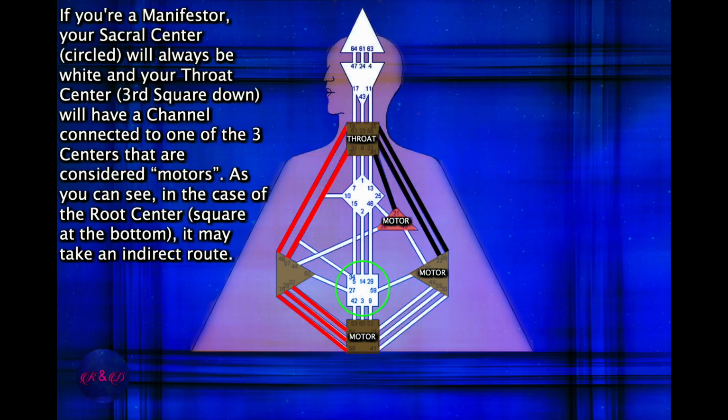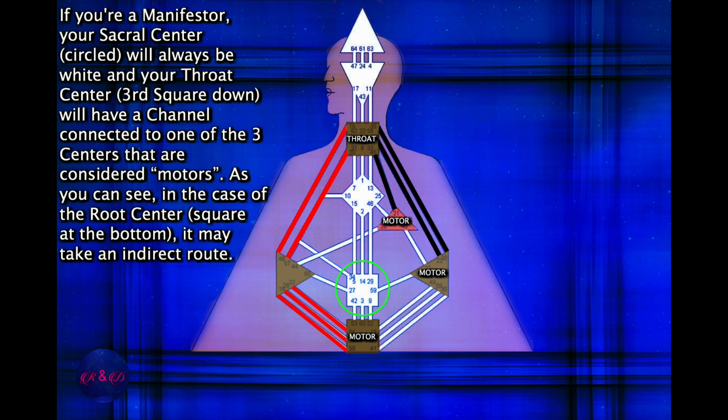If you're a manifestor, your sacral center, you'll see it here circled, it's the white square, will always be white, meaning it's undefined. And your throat center, which is the third square down, will have a channel, which is one of these lines, connected to one of the three centers that are considered motors.